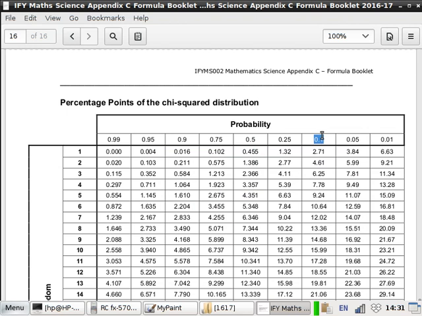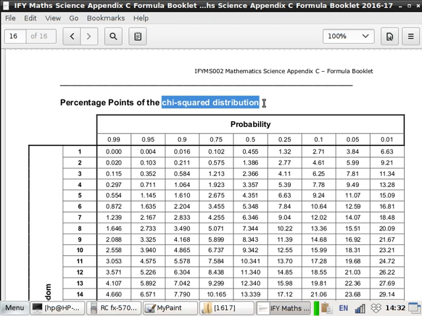Do you know what? I better check it for you because you're going to be using this table book. So rather than logging in here, can somebody just go to Google Images and type in chi-square distribution and we can check. The reason I'm saying that there's a mistake here is that what's missing from this table book is a diagram of a bell. And I need to know if these probabilities refer to the left or to the right.